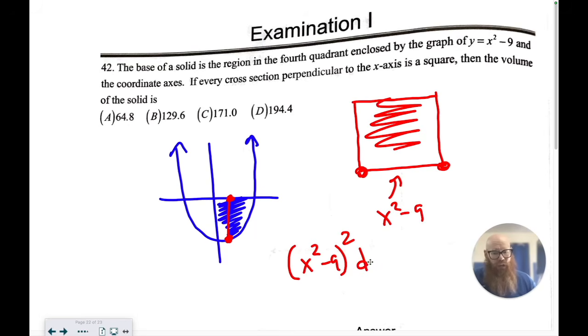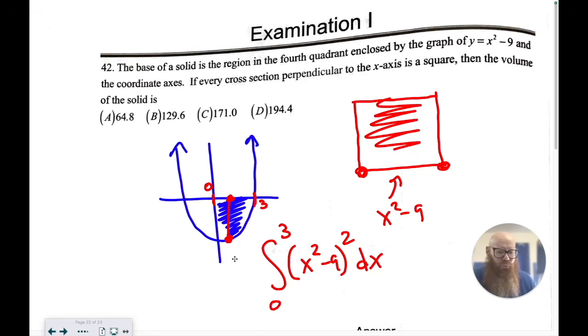Then I multiply it by dx, which gives it this thickness, so it turns it basically into a volume. Then I'm going to integrate from 0 to 3. I took that for granted, but this is clearly 0 because it's bounded by the quadrant. We would have to find this x-intercept. I don't think you need Desmos for that. 3 squared minus 9 is 0.